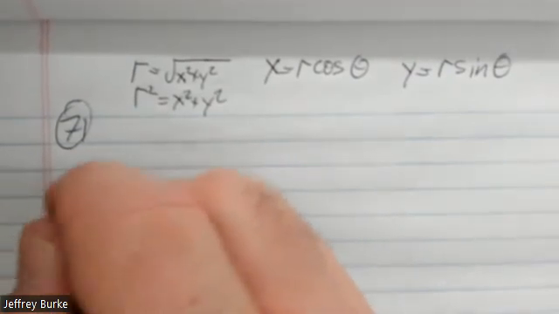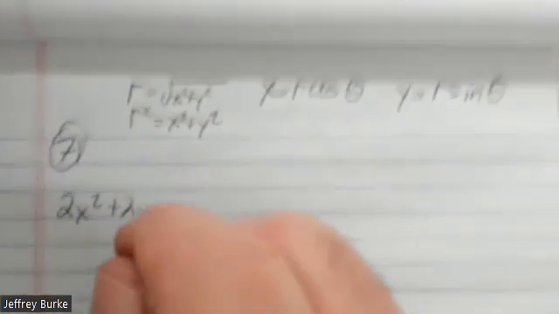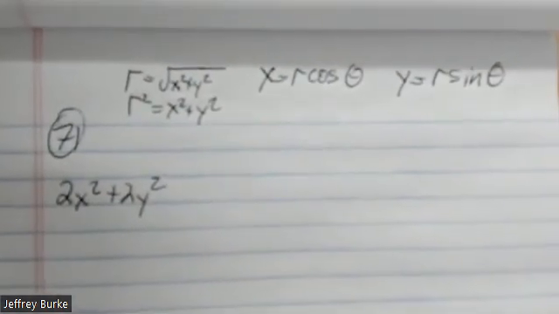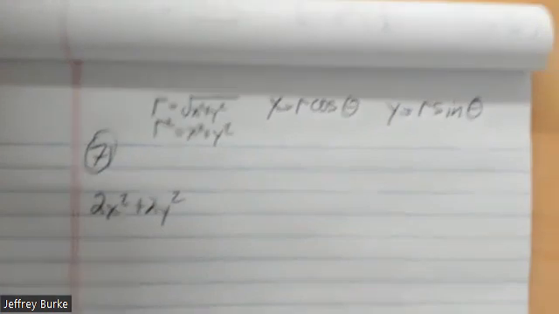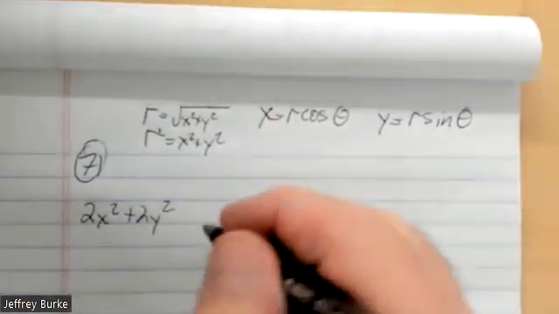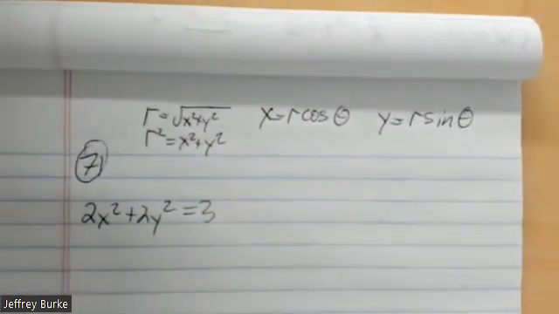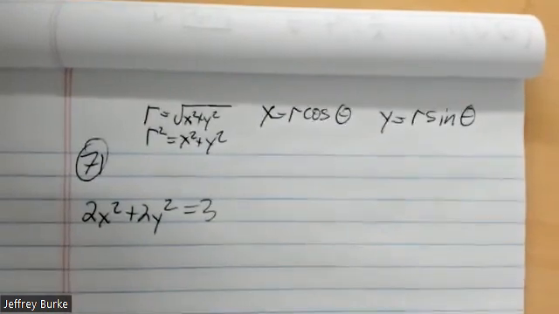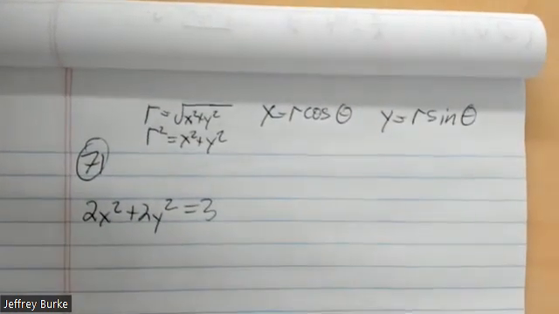This is 2x squared plus 2y squared equals 3. So what I do is I'm gonna factor 2 out of this.